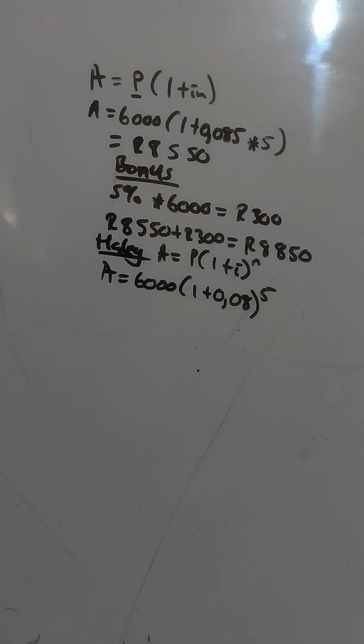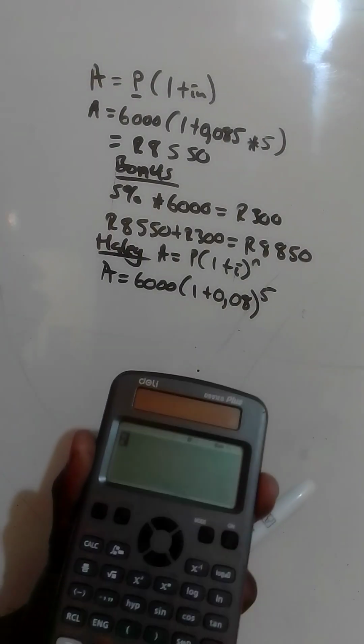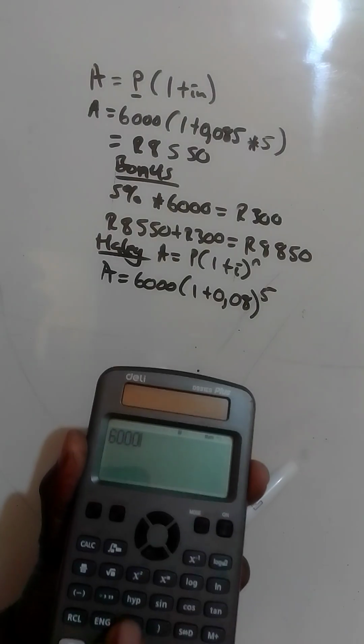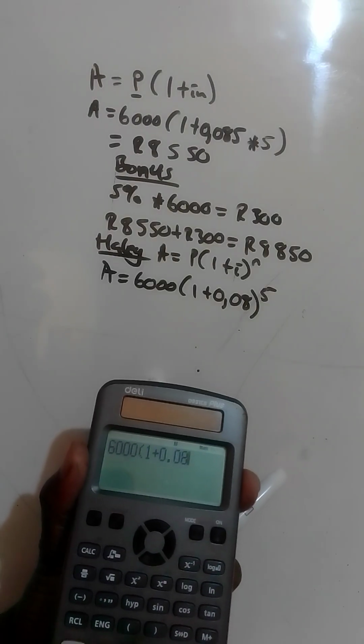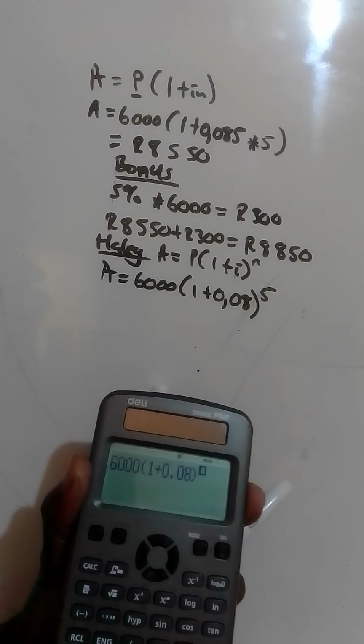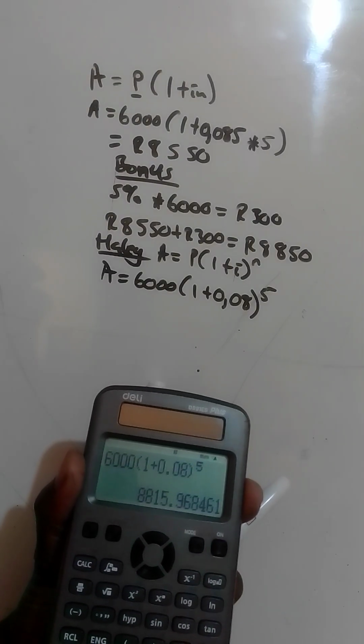Haley is not getting any bonus. All right, now we say 6,000, open bracket 1 plus 0.08 close bracket to the power 5, which is equals to what?